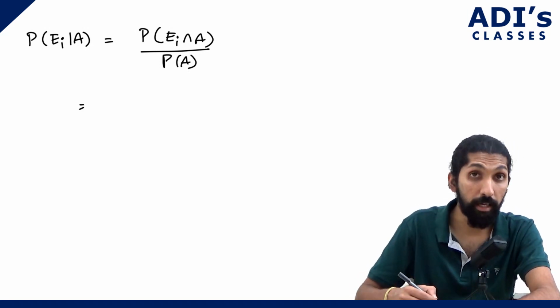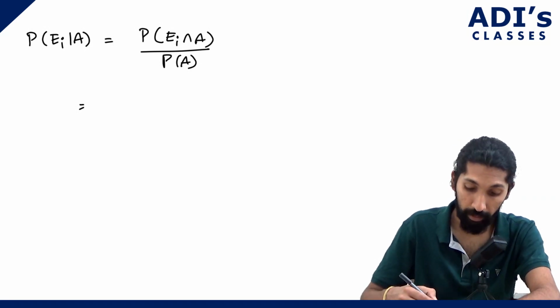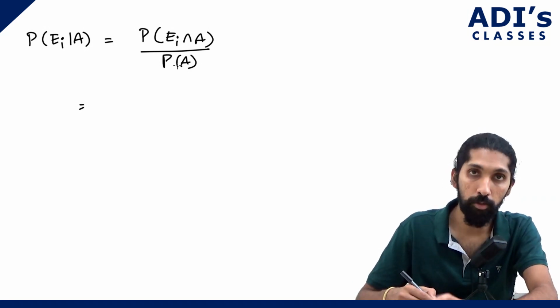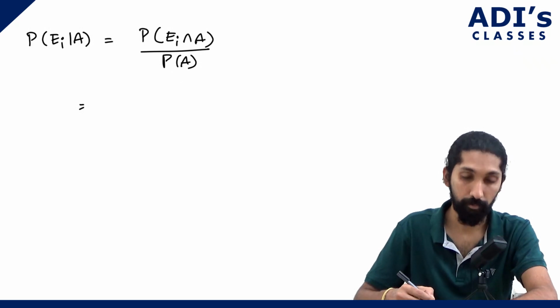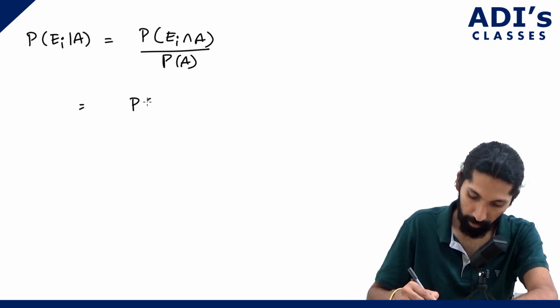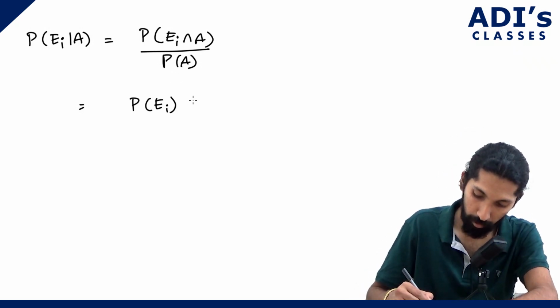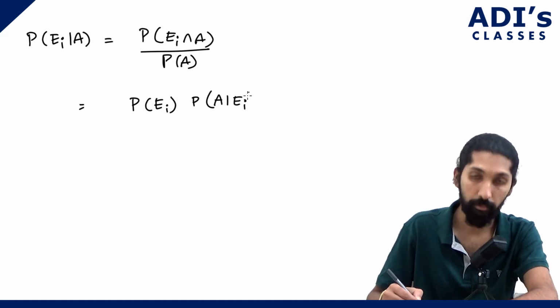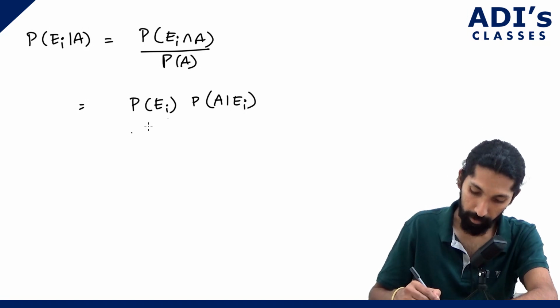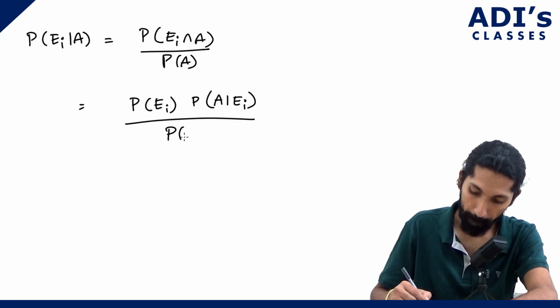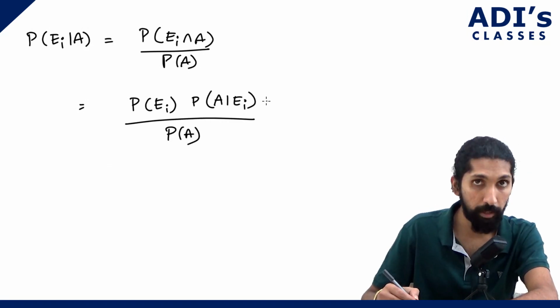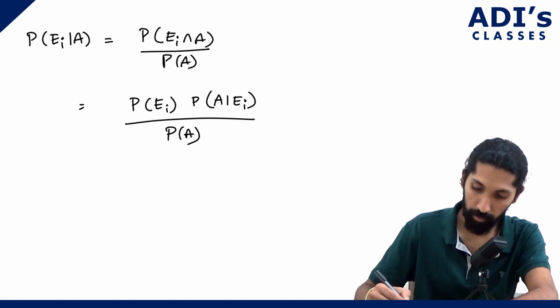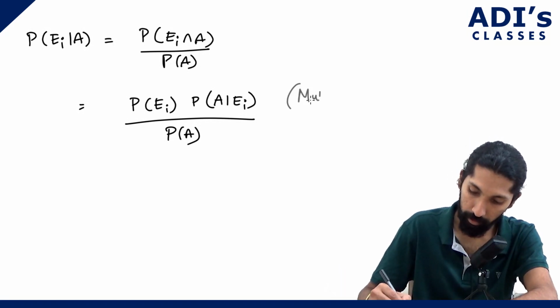Now we'll use the multiplication theorem for P of Ei intersection A, that is P of Ei into P of A given Ei, divided by P of A. This is by the multiplication theorem.